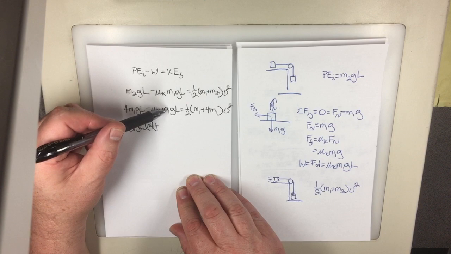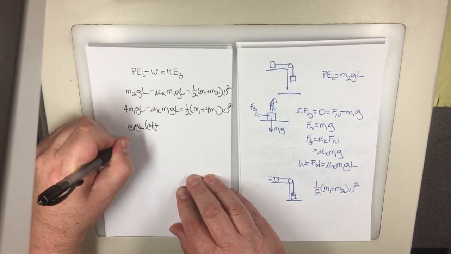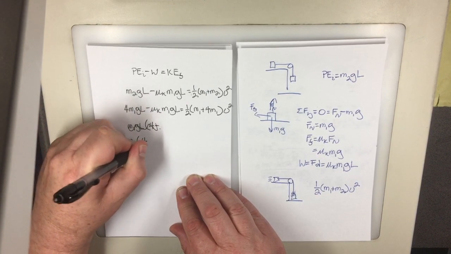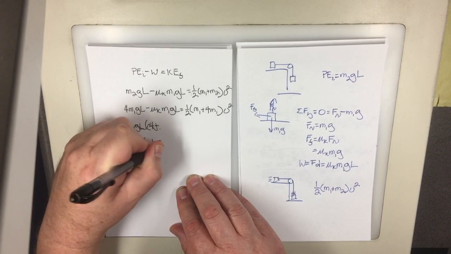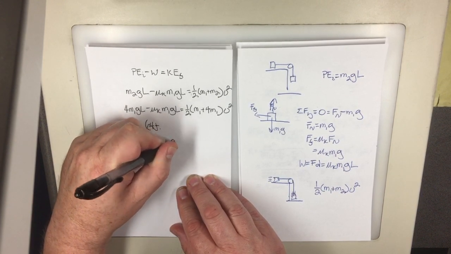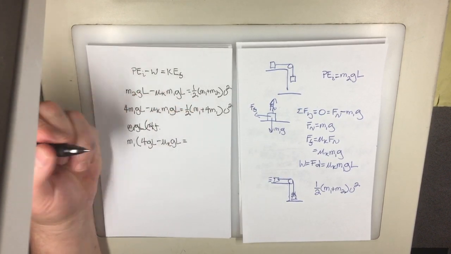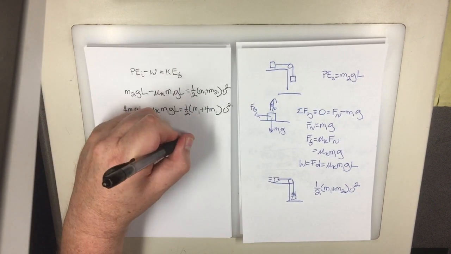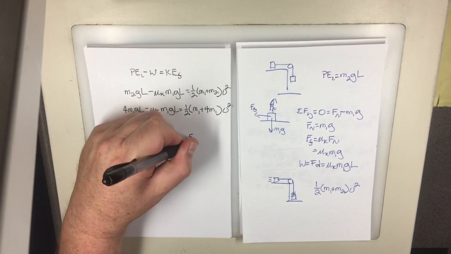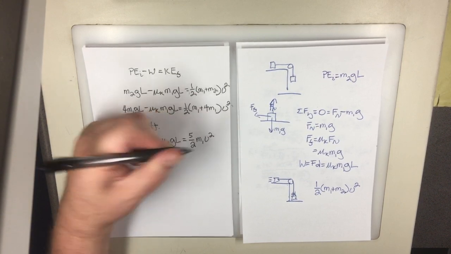Actually, I am gonna factor out an M1 just so that I can do this. M1 plus 4 M1 is 5 M1, so this is 5 halves M1 V squared.